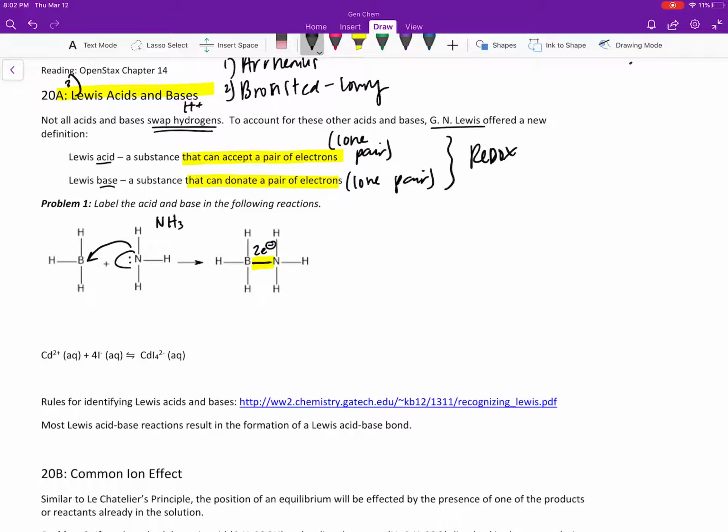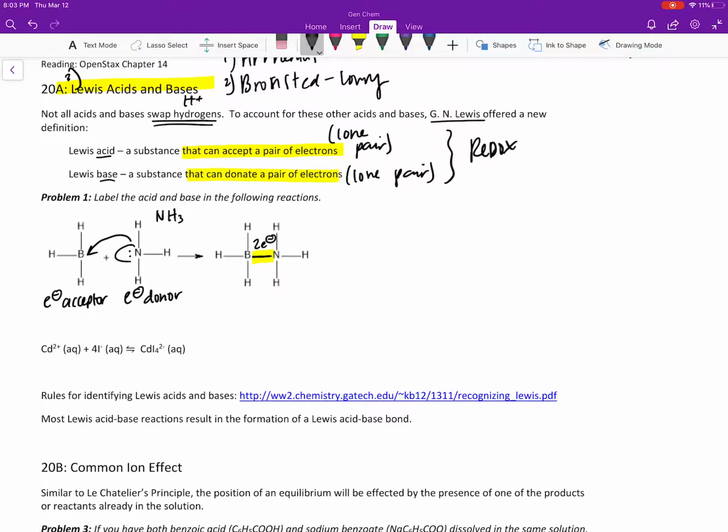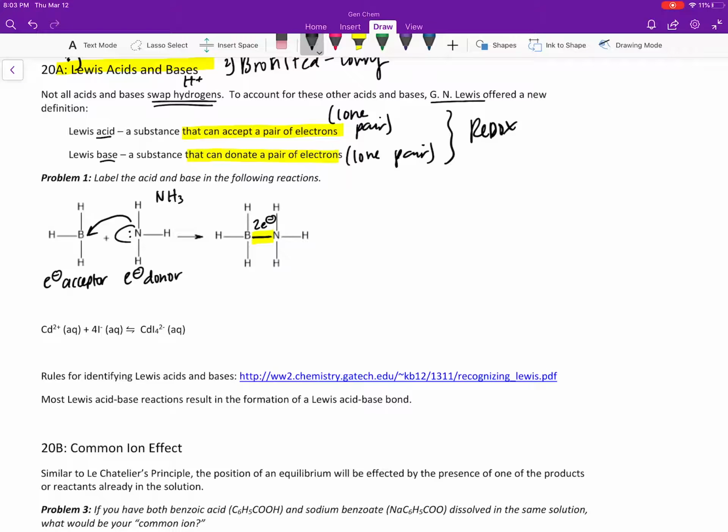So in this case, ammonia is the electron donor, making boron the electron acceptor. Before, as a reactant, boron only has 1, 2, 3 valence electrons, but as a product it has 1, 2, 3, 4, so it had to accept an electron to do that. That makes the ammonia, the one that donates, the Lewis base, and by definition the boron must be a Lewis acid.